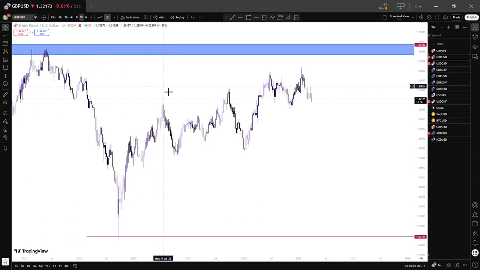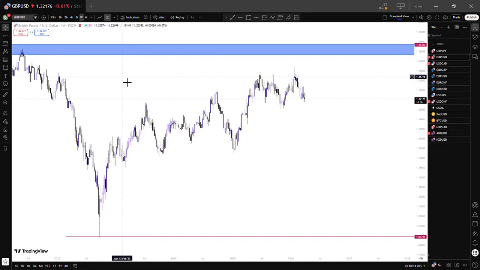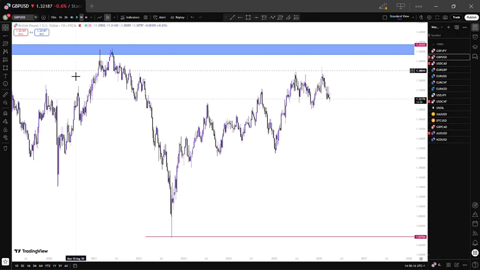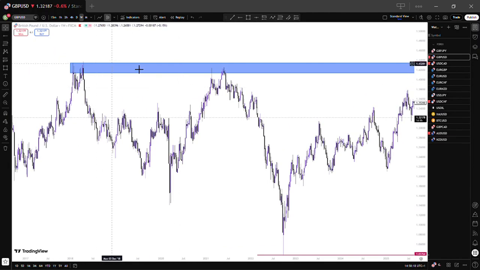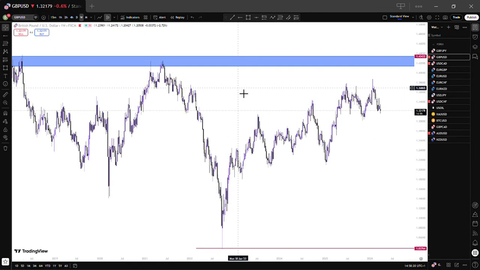So on the monthly time frame, remember we just got a general overview of the market, and that told us the market was on a downtrend. And then on the weekly time frame, we were able to map out our major resistance zone, right?